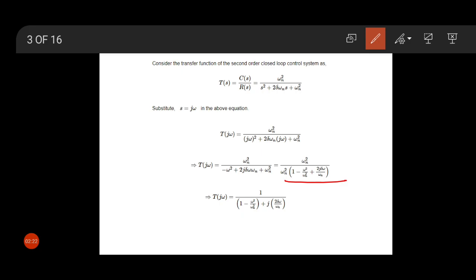After simplifying, T(j omega) equals 1 divided by 1 minus omega square by omega_n square plus j into 2 zeta omega by omega_n. Now let omega by omega_n equal u.